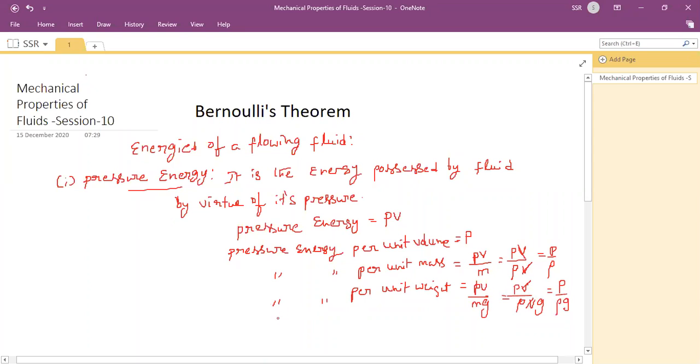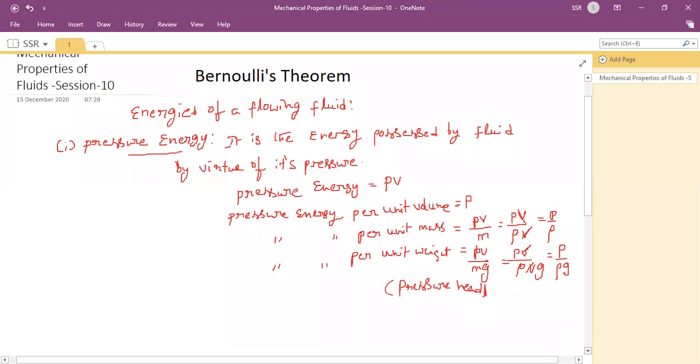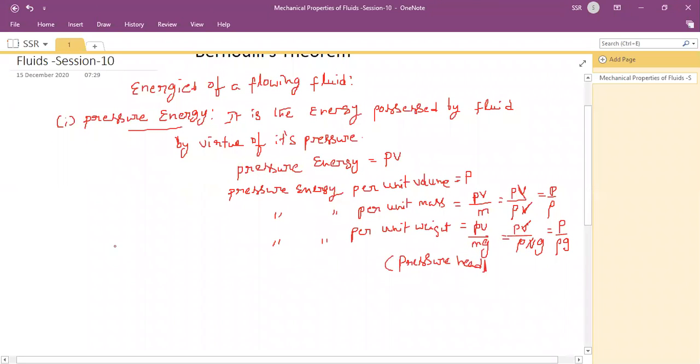Pressure energy per unit weight. It is named pressure head according to fluid mechanics. So this is about pressure energy, and these are the different types of pressure energies that we have, based on per unit volume, per unit mass, per unit weight.